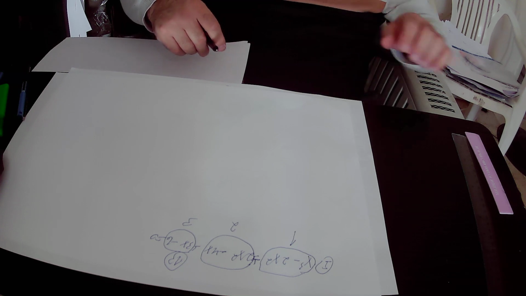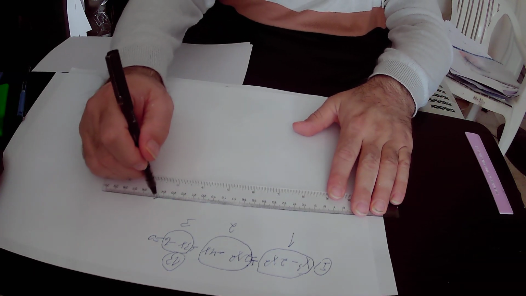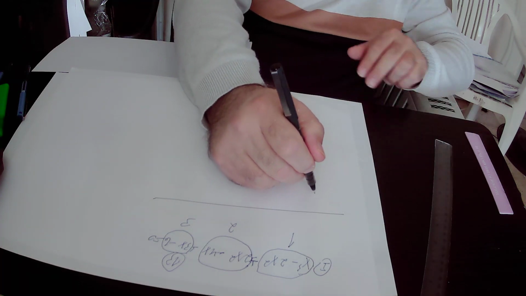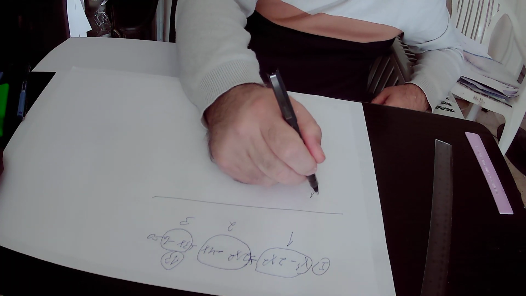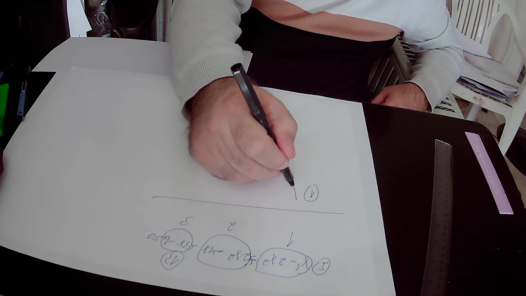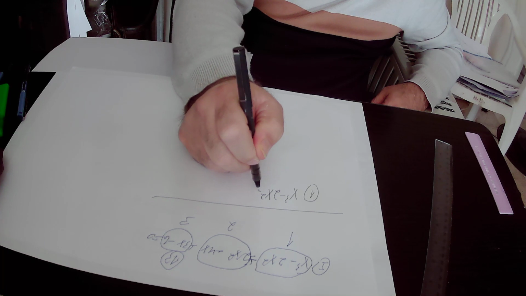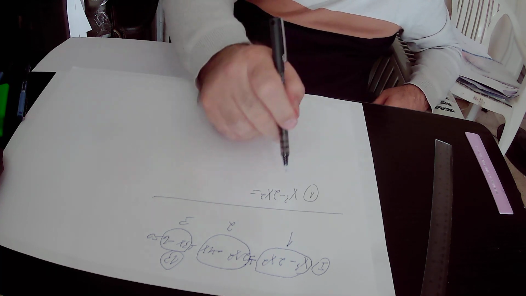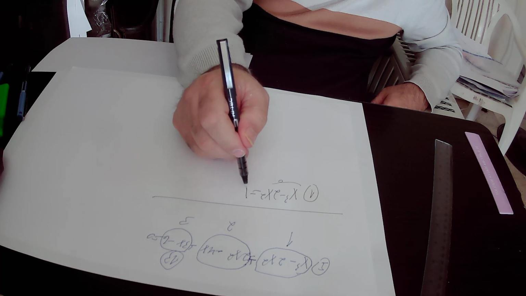We will take a common factor from part 1. Part 1 is actually x cubed minus 2x squared. And the common factor that we will take from this expression will be x squared.